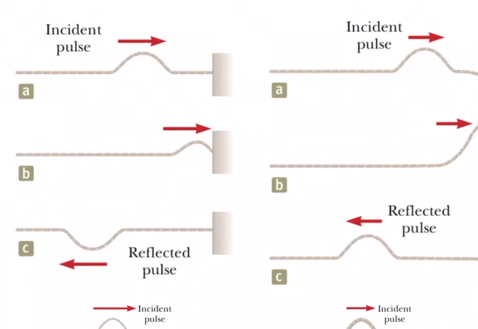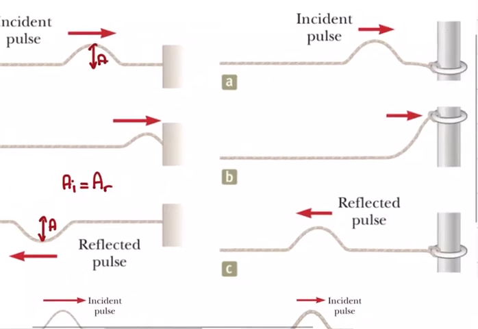So if you look at the amplitude of this pulse, it will be the same amplitude in the reflected pulse, amplitude A. So the incident amplitude is equal to the reflected amplitude, but the pulse is inverted.